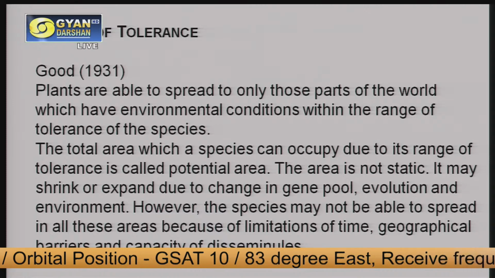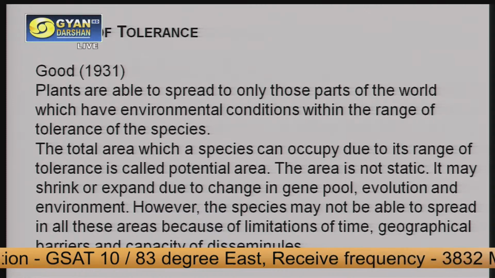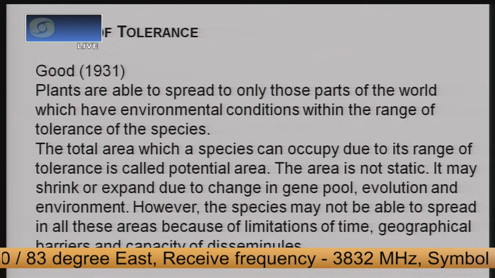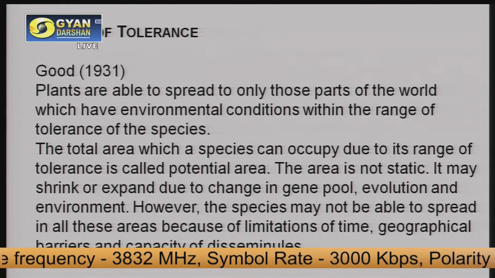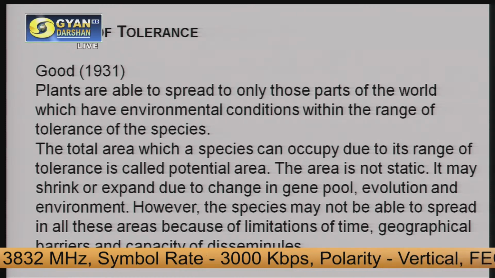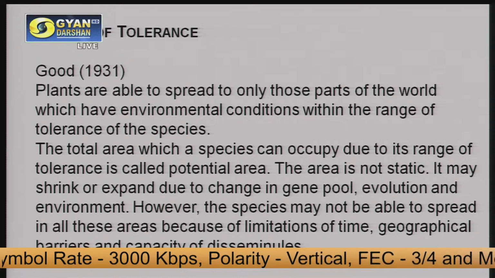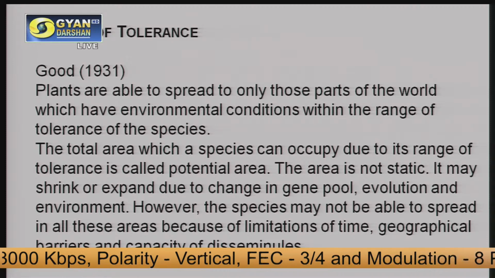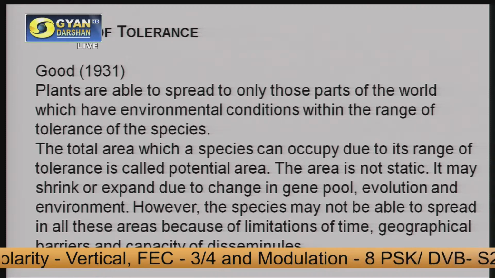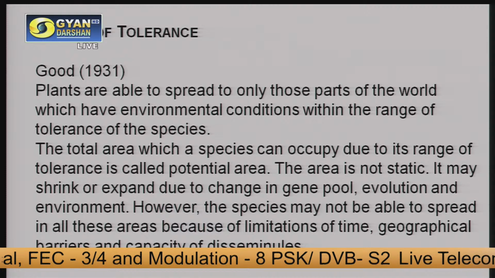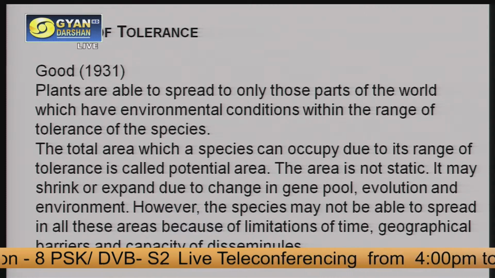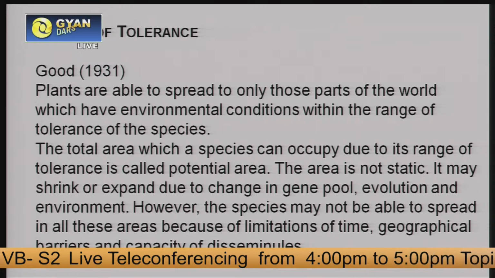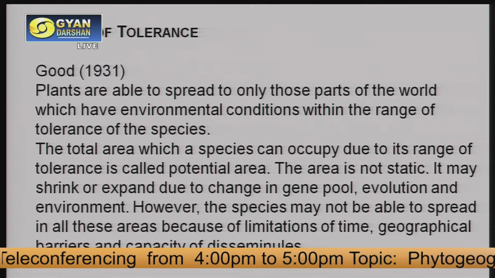The total area which a species can occupy due to its range of tolerance is called potential area. This area is not static. It may shrink or expand due to change in the gene pool, evolution and environment. If you remember, when I discussed succession in one of my earlier sessions, I told that climate is not a constant factor.